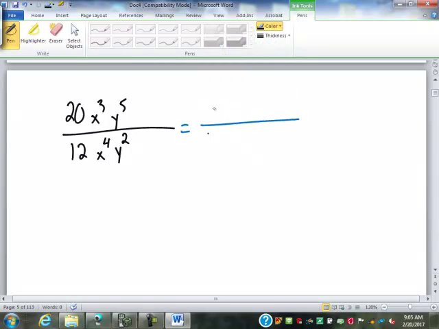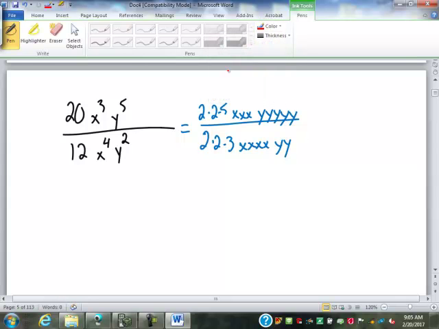The 20 is 2 times 2 times 5, and then x to the third, y to the fifth. And the 12 is 2 times 2 times 3, x to the fourth, y squared.